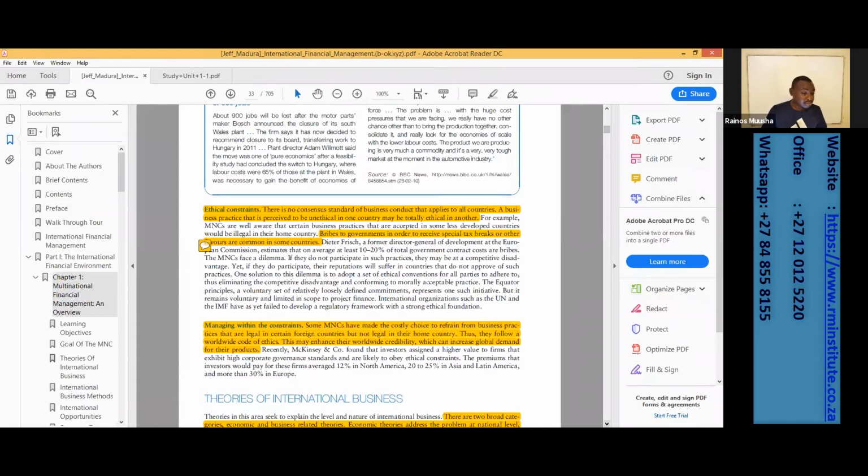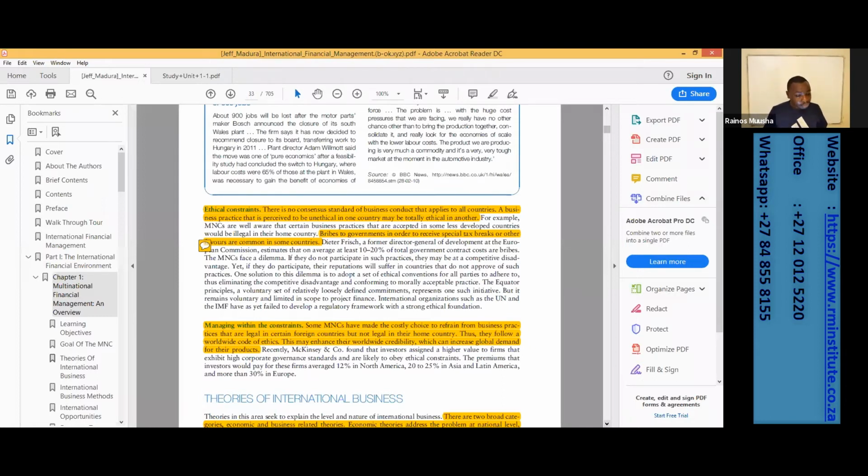Because if the multinational company has a bad reputation, there are going to be difficulties in getting more business, like what you see with KPMG, who were in a lot of trouble and are now trying to revive their name, and also putting other people in place to try to revive it.